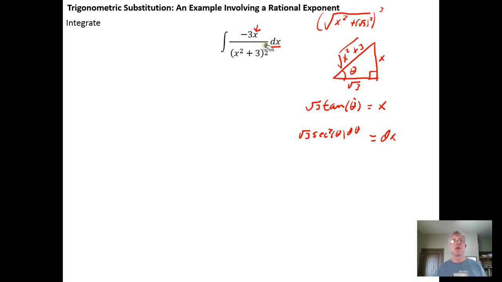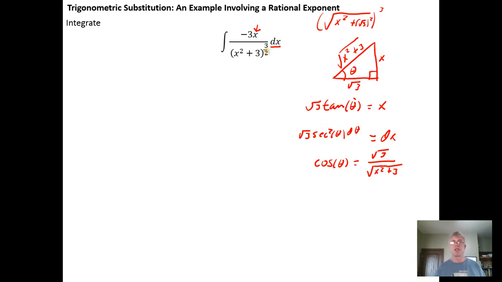Finally, we need to come up with something to do with this x squared plus 3 to the 3 halves power in the denominator. So what we want to notice is that the cosine of theta right here is just the side adjacent over the hypotenuse, and the hypotenuse is the square root of x squared plus 3.